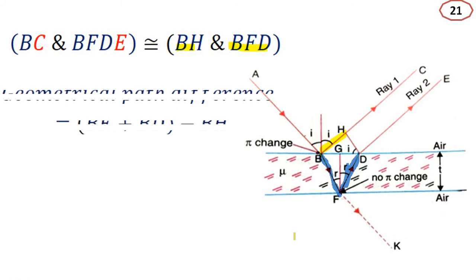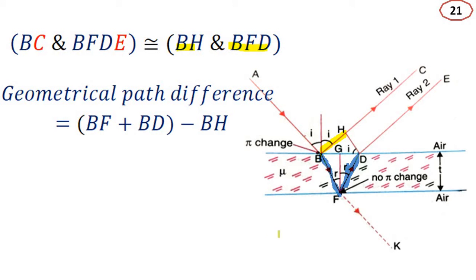That is, geometrical path difference equal to BF plus FD minus BH. BF plus FD is mentioned in the blue color, minus BH represented by yellow color. So it's the geometrical path difference. We know the difference between optical path length and geometrical path length.